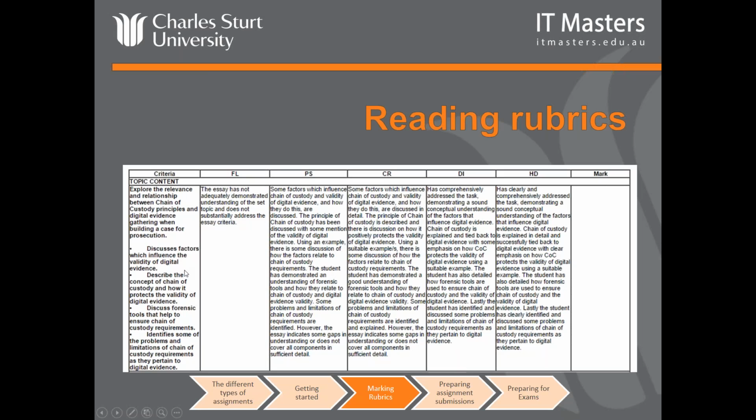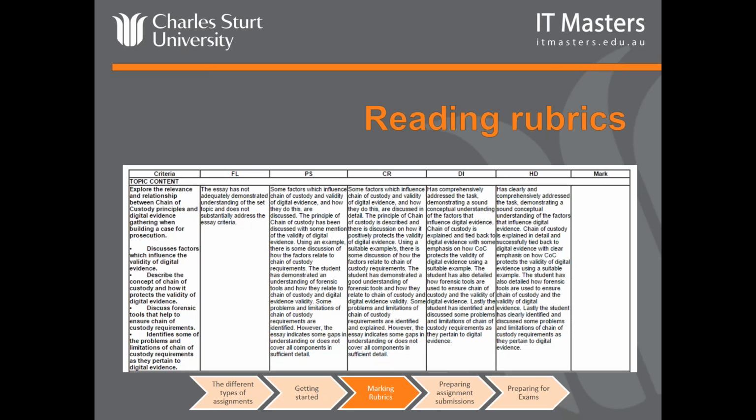So you have discussed factors which influence the validity of digital evidence. But you haven't gone into detail, you haven't been clear, you haven't been comprehensive, and you haven't demonstrated a real understanding of the topic. Hopefully that makes sense. Hopefully the idea of going a little deeper is clear to you guys.